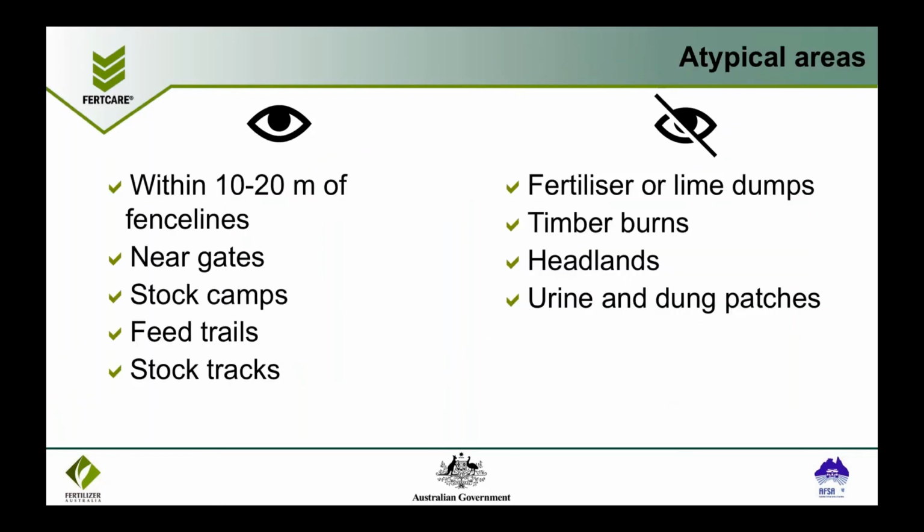And when you think about that and you're out there sampling, there's some things that you can actually see, areas that you might need to avoid, such as being close to fence lines, near gates, near stock camps, feed trails and stock tracks. But potentially there's other atypical areas that you may not be able to see, such as old fertiliser or lime dumps, timber burns, headlands, urine and dung patches.